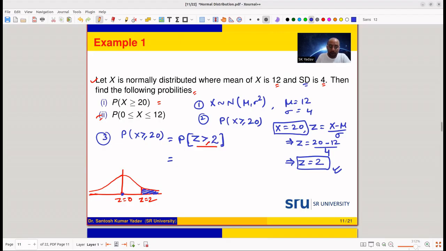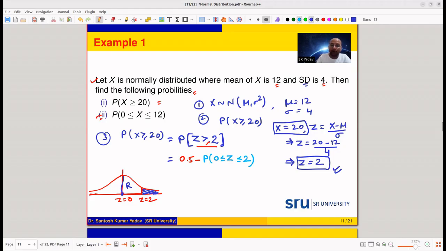So now if I remove the unshaded area from 0.5, which is the total area on the right side above the x-axis, I can write this as 0.5 minus the area from z equal to 0 to z equal to 2. So that means this is 0.5 minus p of 0 less than or equal to z less than or equal to 2.